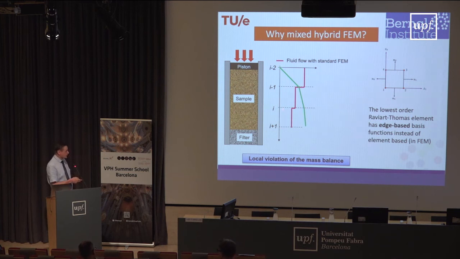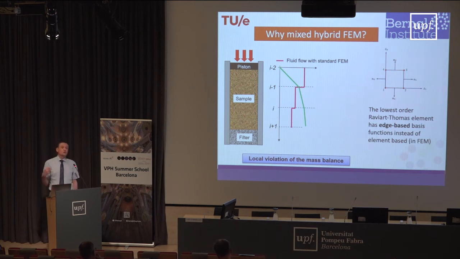Just a very simple experiment. Many of you who have been working on cartilage will know the consolidation experiment, confined compression. We have a sample of cartilage or whatever lying on a filter. We put a piston on it and we push out water. And as we push out water, we get a settling of the cartilage because water is pushed into the filter.